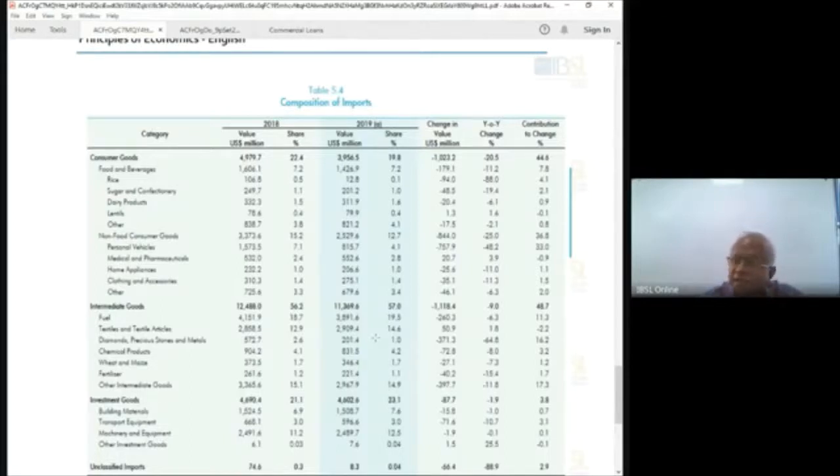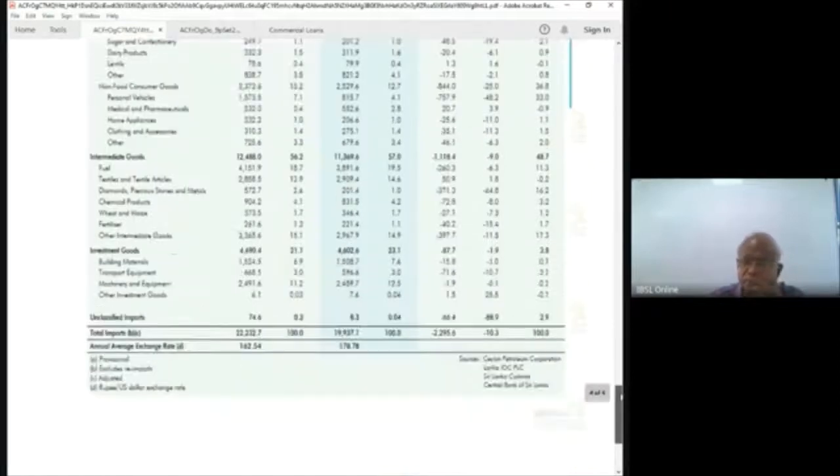Now the thing is, how do you get this? How does the central bank get this information? What is the source? The source is given even for exports and imports. Sri Lanka Petroleum Corporation sends their fuel import figures. Lanka IOC also sends their fuel import figures.